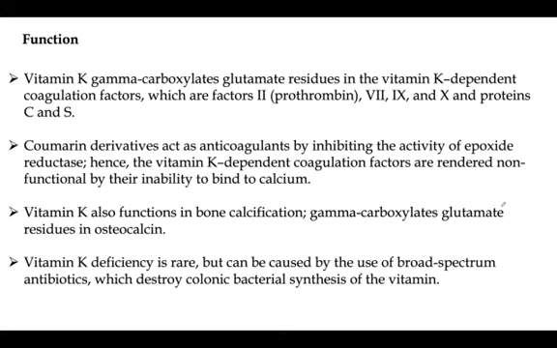If there is no vitamin K, there will be no gamma carboxylation, no calcium binding, and there will not be any clot formation, and therefore if there is vitamin K deficiency, people suffer from bleeding disorders.